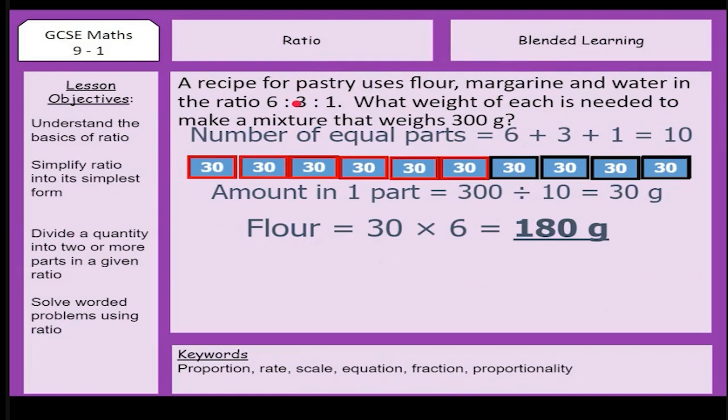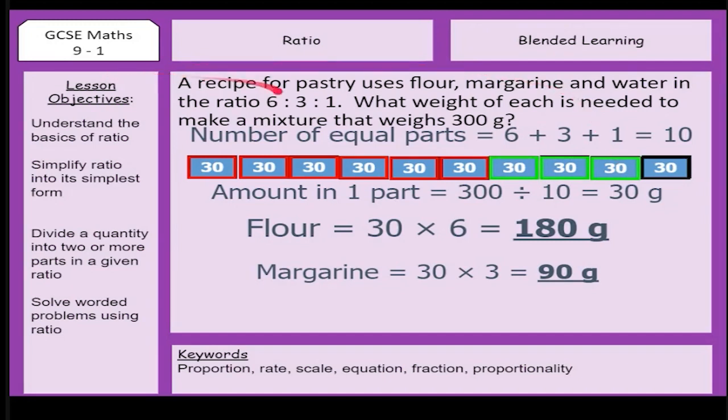I know that 3 parts of that is margarine. So I do 3 times 30. That equals 90. 30, 60, 90. I know that 1 part is water, and I'm left with 1 part, which is 30 grams. 1 times 30 is 30.